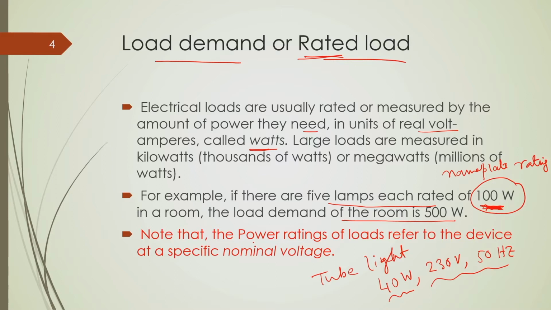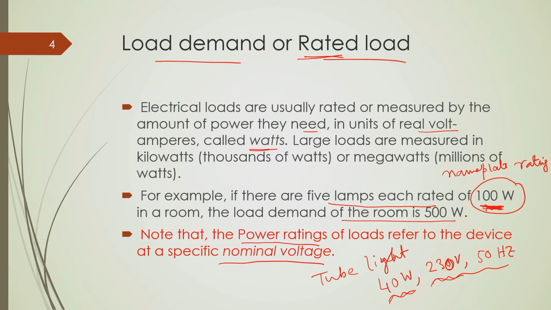So, the take home message from this slide is that every electrical appliance has some power rating, which is specified under a certain nominal voltage. That means, as long as your supply voltage is 230 volt, this tube light will consume 40 watt.